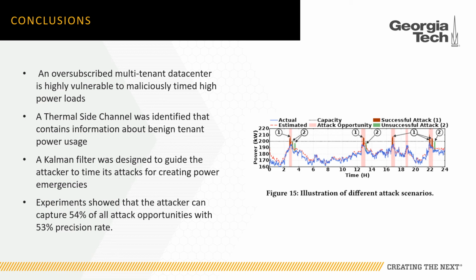Also, a thermal side channel was identified that contains information about benign tenant power usage, and a Kalman filter was designed to guide the attacker to time the attacks for creating power emergencies. And finally, the experiments showed that the attacker can capture 54% of all attack opportunities with 53% precision rate.